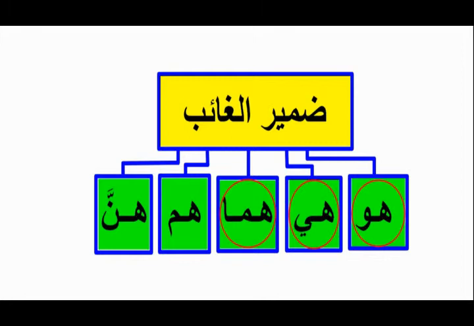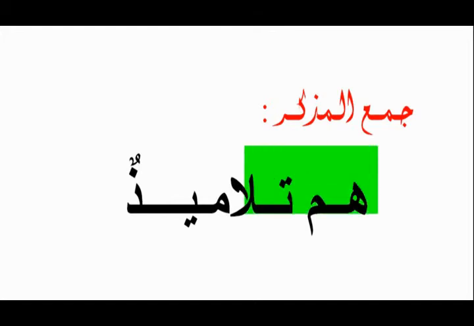Then we have hum. Now hum in the English translation or equivalent would probably be they. Now they would not be in a present conversation. You'd be speaking about them and you would say hum talamidun. They are students.